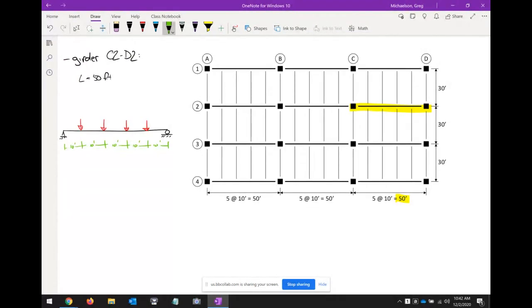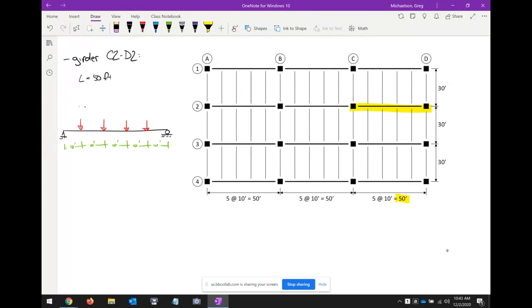Now, I'm curious if anybody can tell me how much those concentrated loads are going to be. Like, I've got a concentrated load. What is that? Okay, all right.